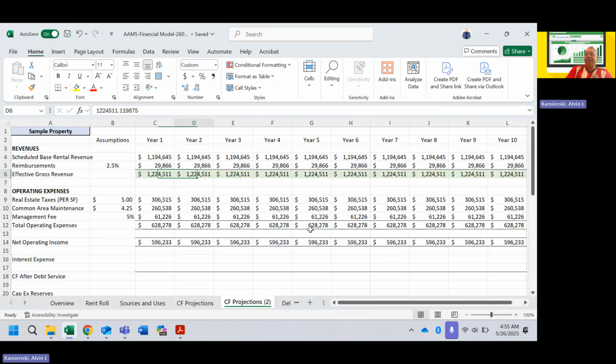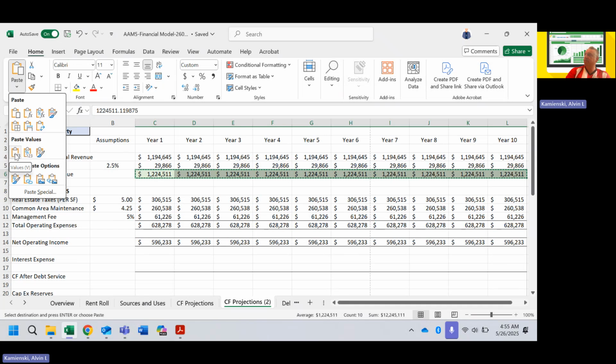All I did was make these numbers instead of formulas, by copying them originally and then pasting them as values.